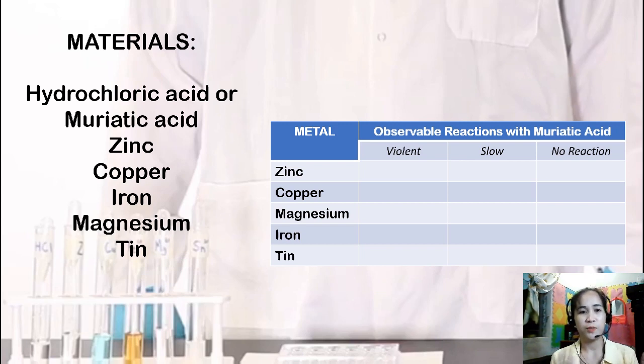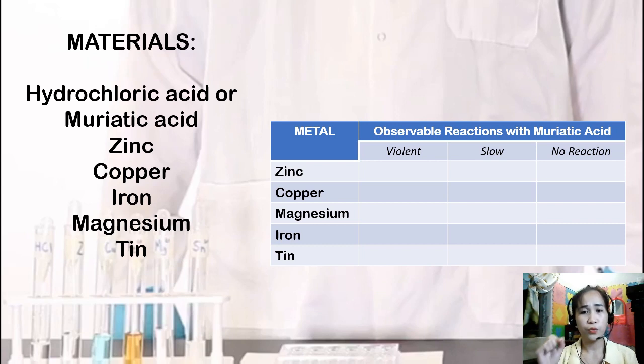The materials for this experiment are hydrochloric acid, or what we call muriatic acid. For the metals, we have zinc, copper, magnesium, iron, and tin. I want you to write in your paper the table, as you can see on your screen.